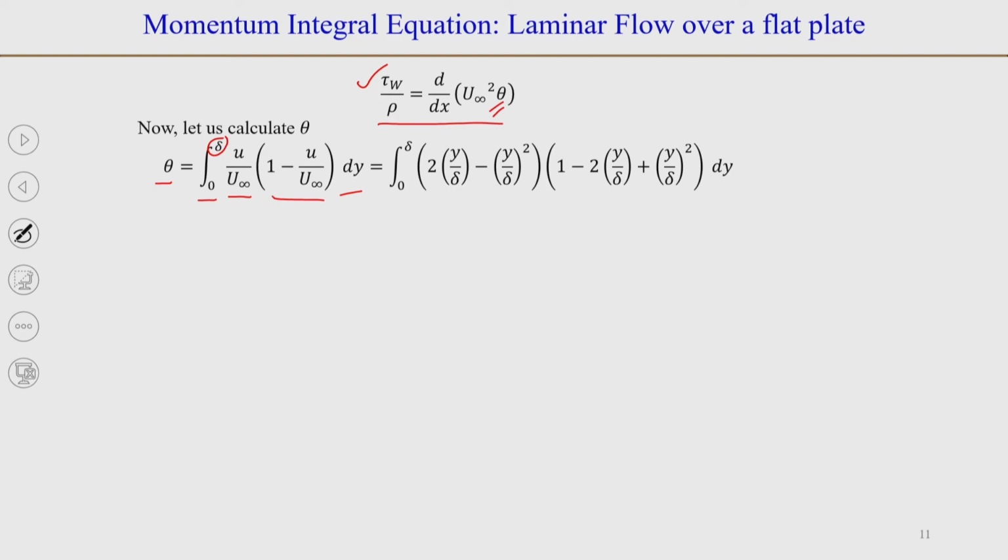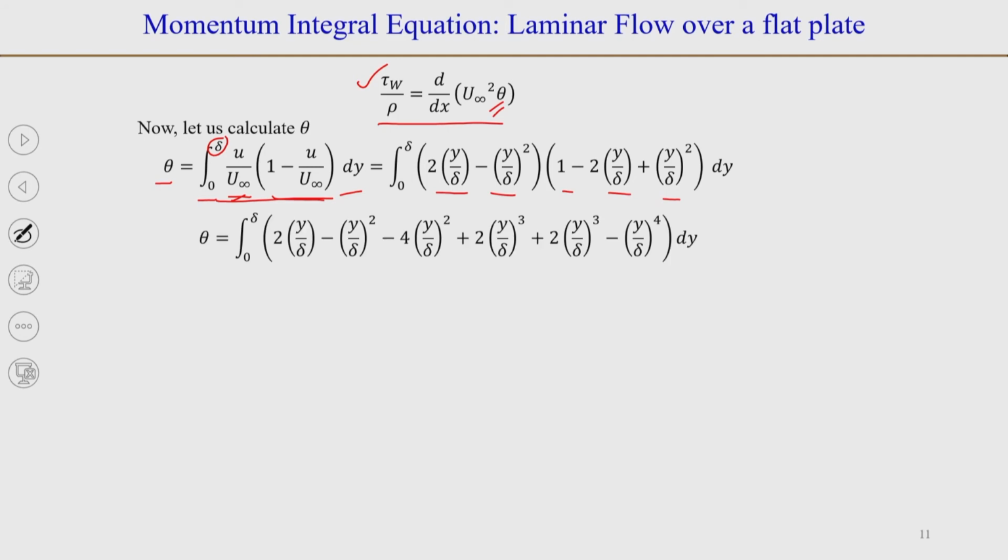So, we can use either limit. Okay. So, that is the definition, and we can substitute the values of u by u infinity in this equation. So, u by u infinity is 2 y by delta minus y squared by delta squared, and 1 minus u by u infinity will be 1 minus 2 y by delta plus y squared by delta squared, into dy.